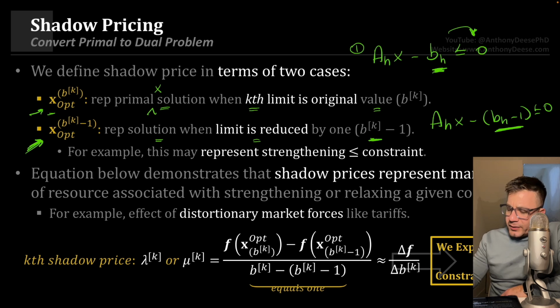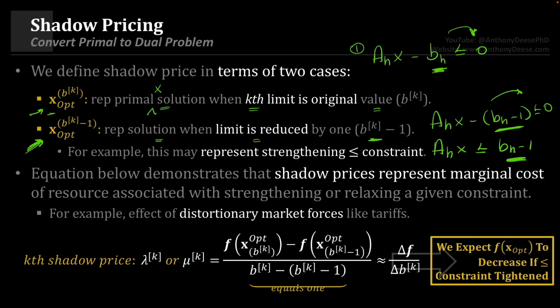And we can take a look at this in a little bit more detail. Let's move this over to the other side. And so what we end up with is A sub h x is less than or equal to b sub h minus 1, so we can see it's being tightened. Okay, so the equation below demonstrates that shadow prices represent the marginal cost of a resource associated with strengthening, or in other cases relaxing, but we're looking at strengthening, a given constraint.